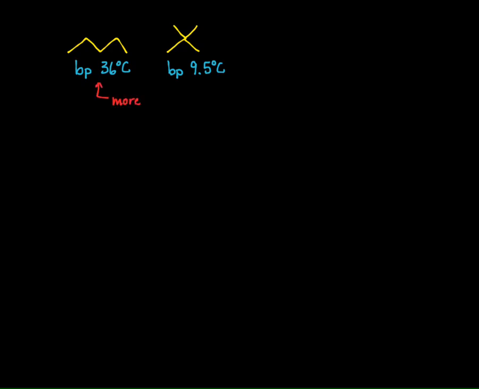Whereas pentane is a longer chain and therefore has more potential to produce these induced dipoles. Hence, the interaction between two pentane molecules is a little bit stronger than the interaction between two neopentane molecules. And so we have to add more thermal energy to break that interaction up.